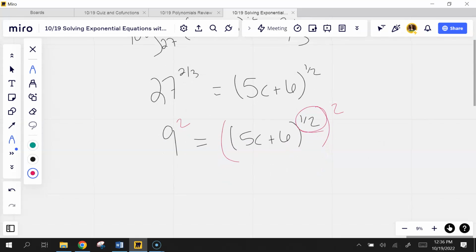If it had been 2/3, I'd raise it to the 3/2. Because remember, a power to a power multiplies. So what's a half times 2? 1. So now I have 5c plus 6 to the 1, which is just 5c plus 6.